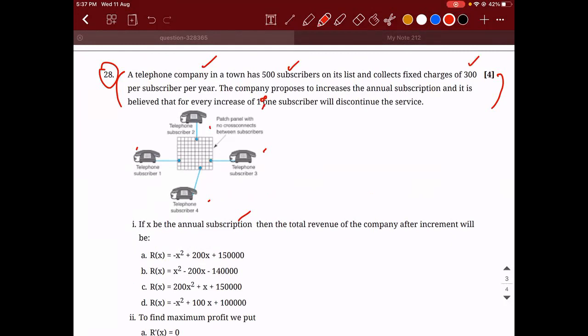If X is the annual subscription, okay. So revenue of the company is equal to 500.